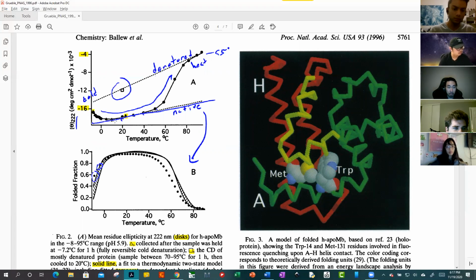It drops down and kind of comes back up. And then it increases as the temperature goes up, and then it denatures permanently. This area up here is permanently denatured. Right? Then if this is cooled down to 20, then the ellipticity is here.